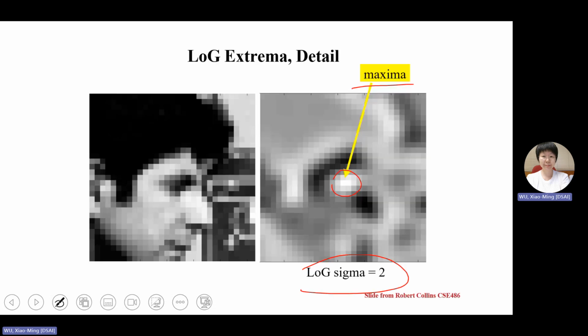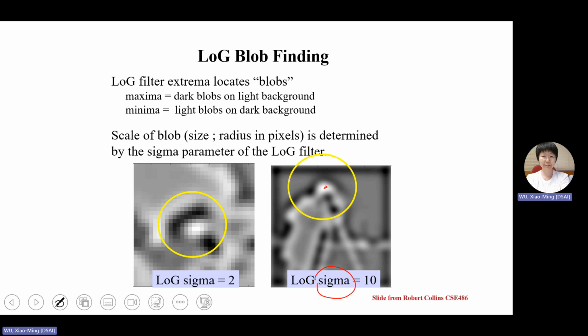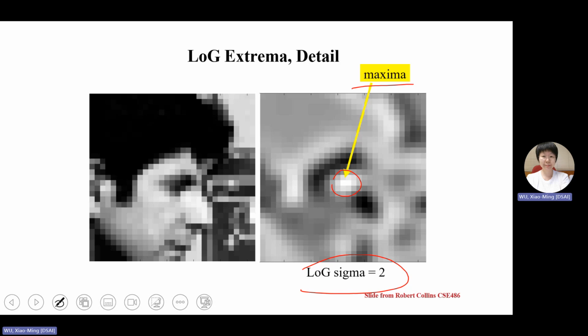With large sigma, it helps us identify the head as an interesting point, the head as a blob. Small sigma helps us identify the eye region. Okay, I'll just stop here and let's talk more next week.